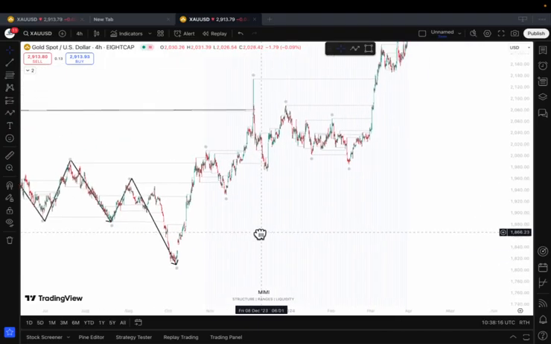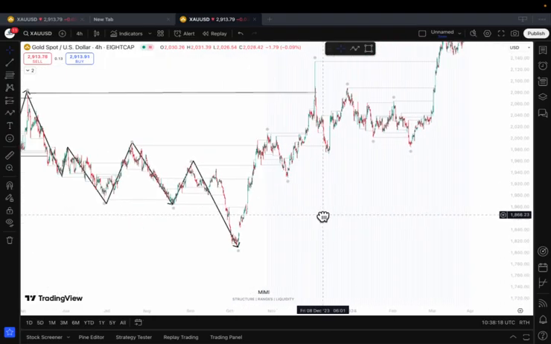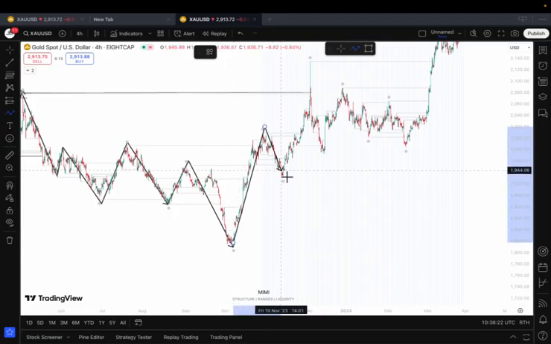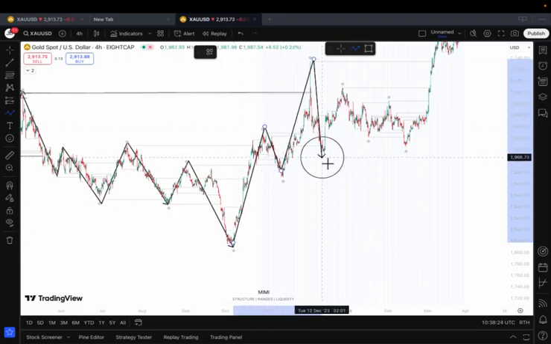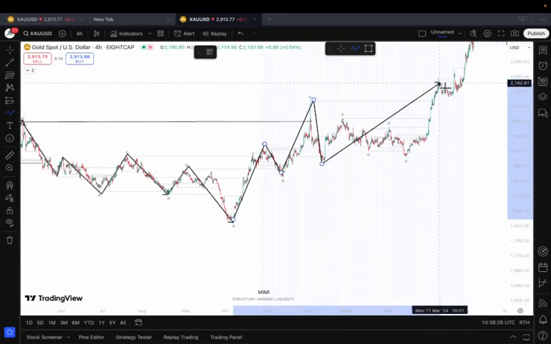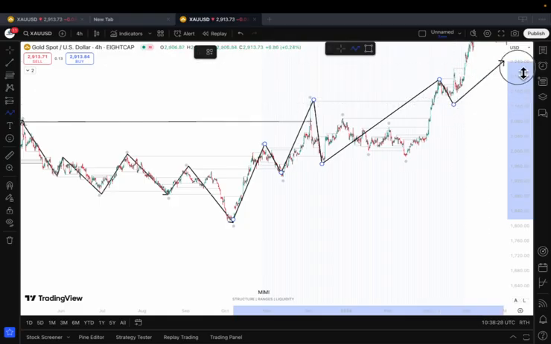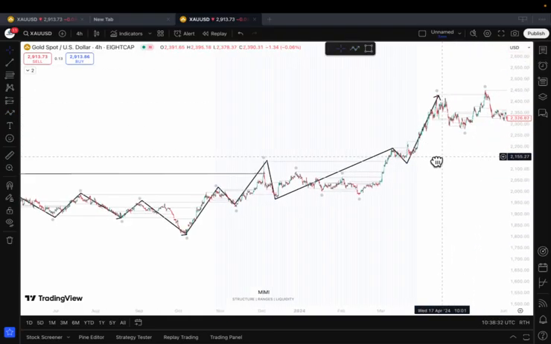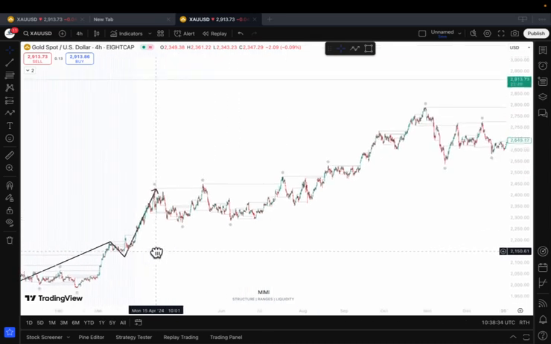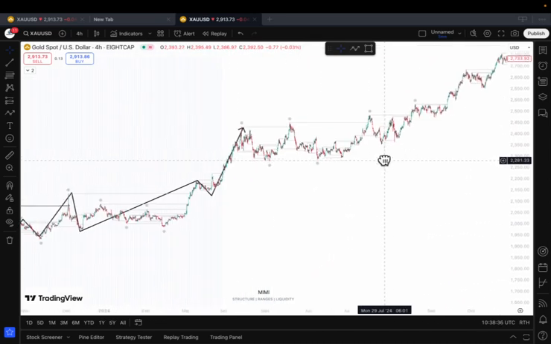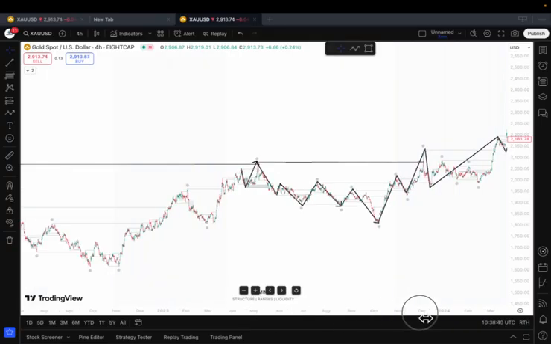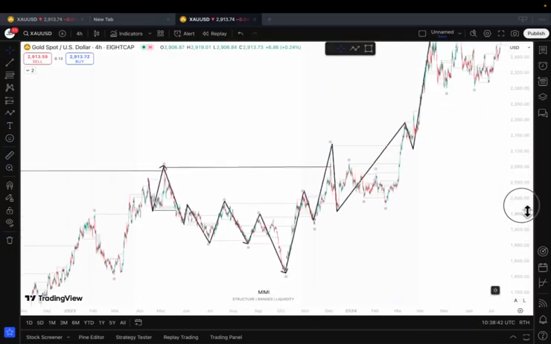All this low needs to do is create three external. 1, 2, and 3. It even created more.